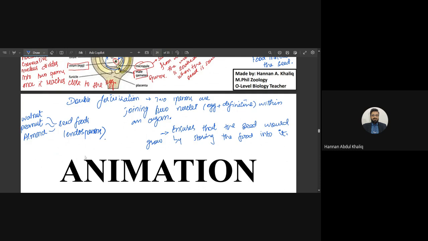The walnut, peanut, almond and cashew nuts, everything, these are seed foods.